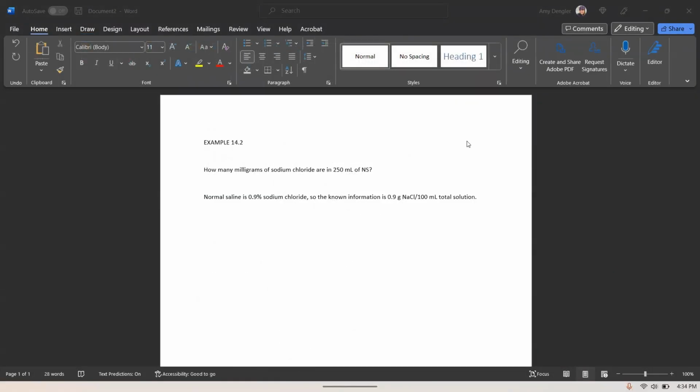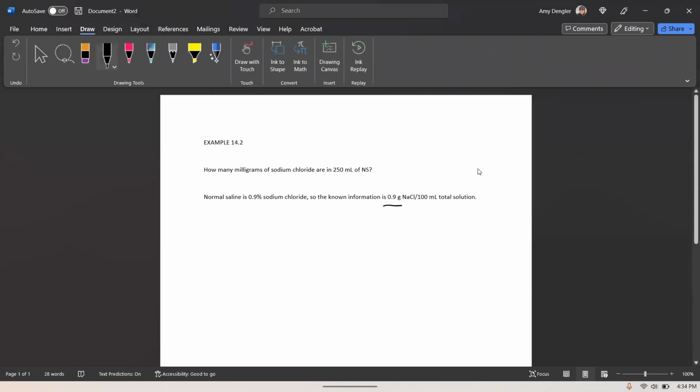How many milligrams of sodium chloride are in 250 ml of normal saline? Normal saline is 0.9% sodium chloride, so the known information is 0.9 grams over 100 ml total solution. So this is giving it to you already. What we just did in the previous example, it's giving you the conversion factor. So normal saline is 0.9 grams over 100 ml.